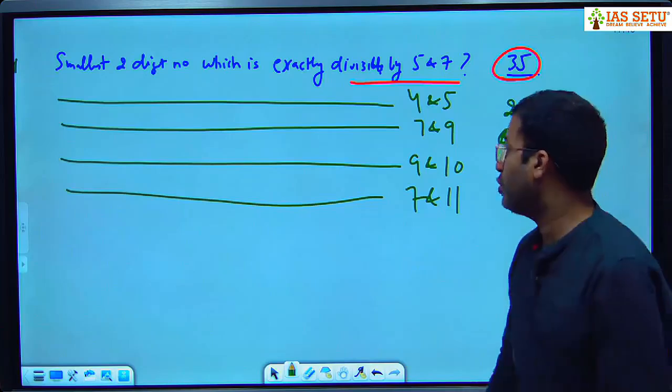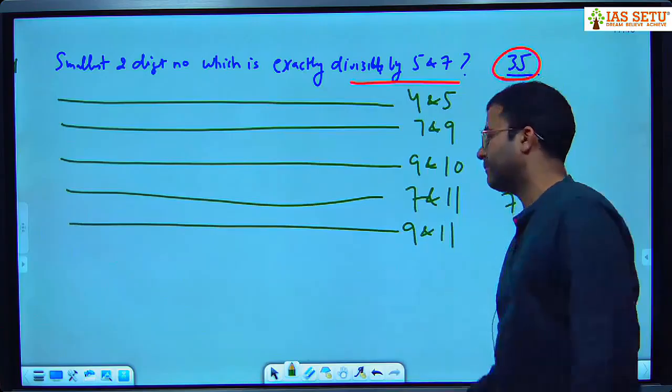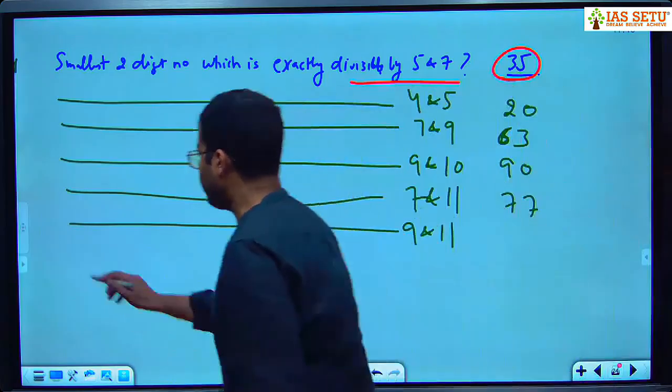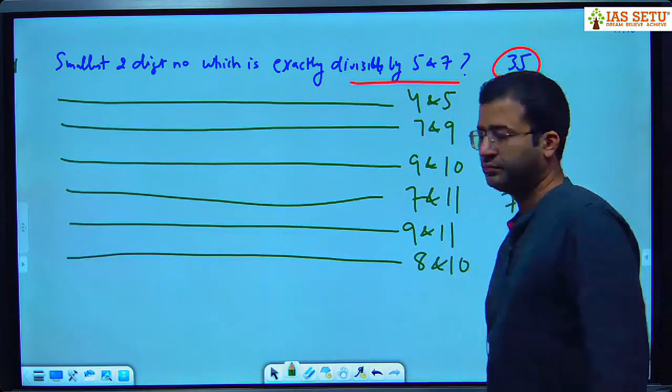Tell me the smallest two-digit number which is exactly divisible by 9 and 11. Yes, very good, 99. Tell me the smallest two-digit number which is exactly divisible by 8 and 10.